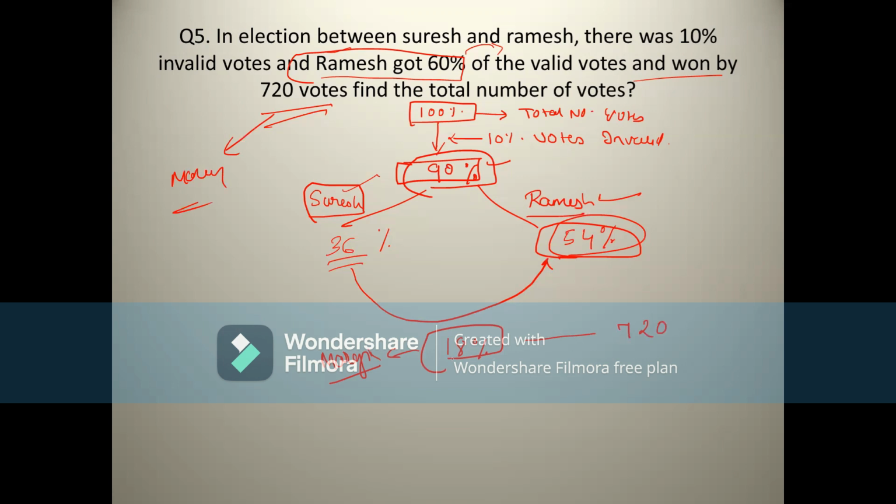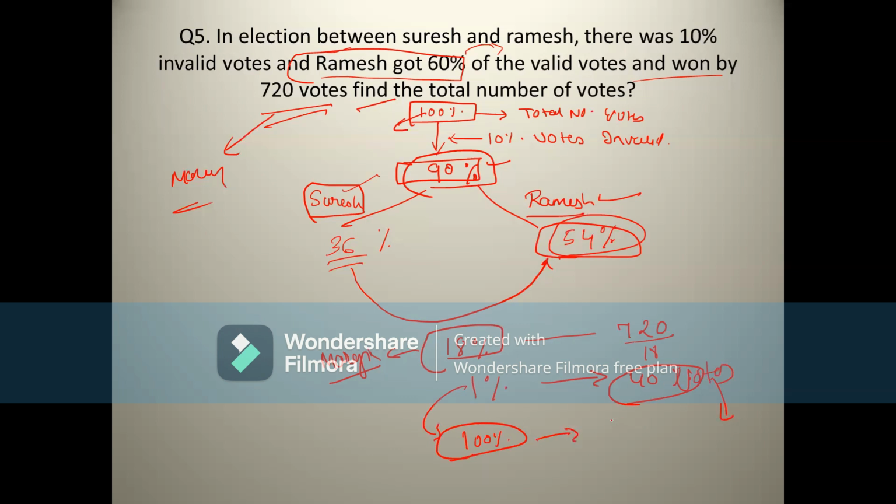If the value of 18% is 720, what have they asked? They have asked to find the total number of votes, which is nothing but 100%. You know the value of 18% is 720, so you have to calculate the value of 1%, which is 40 votes.